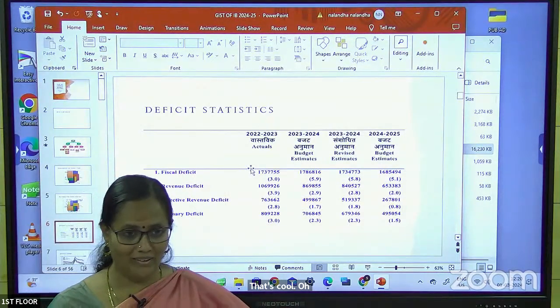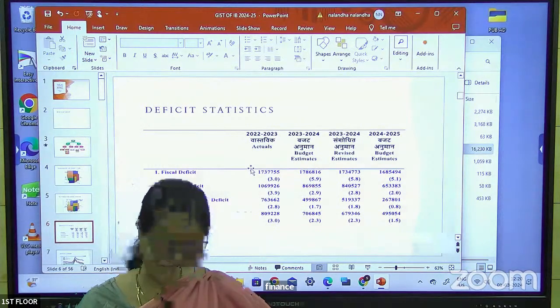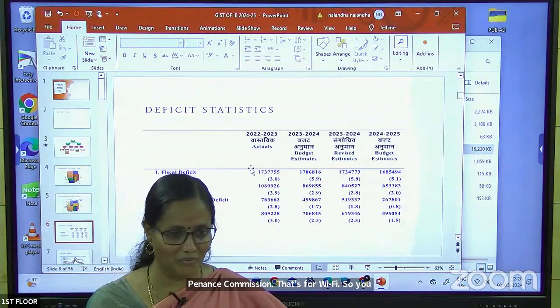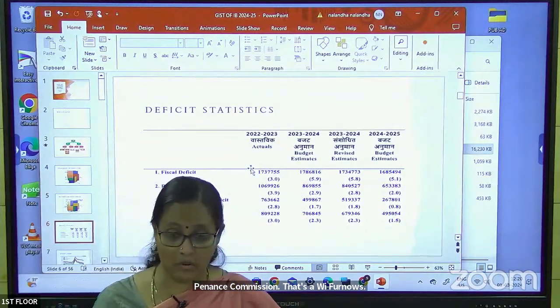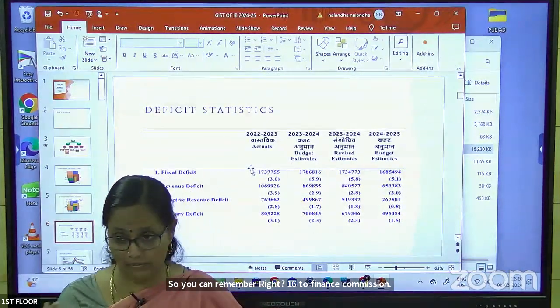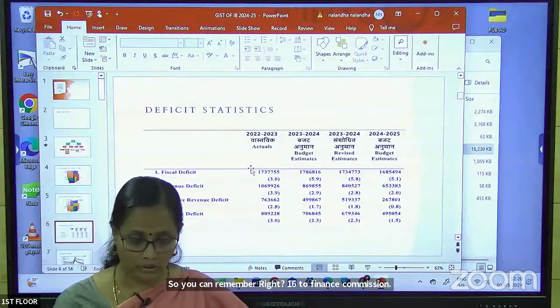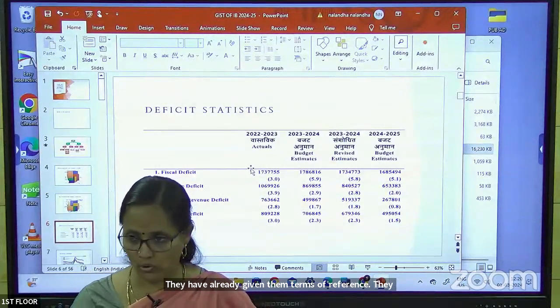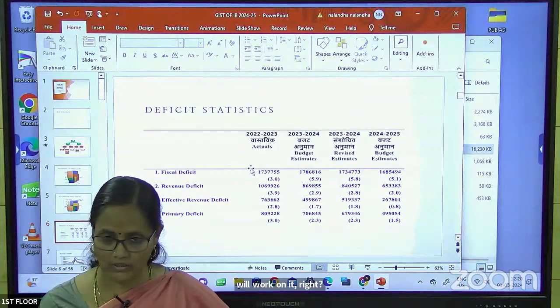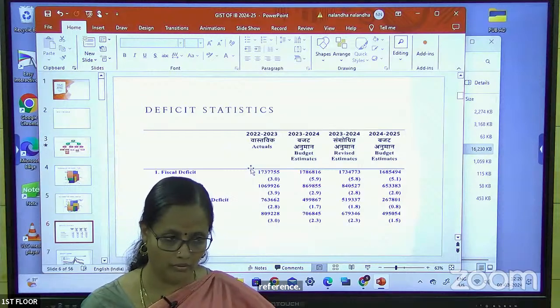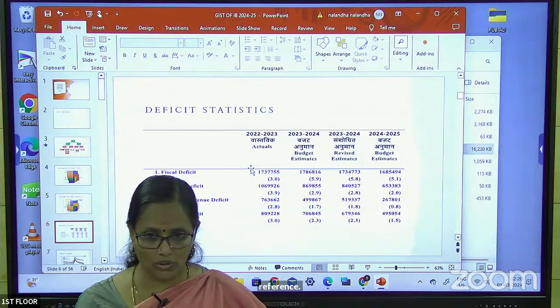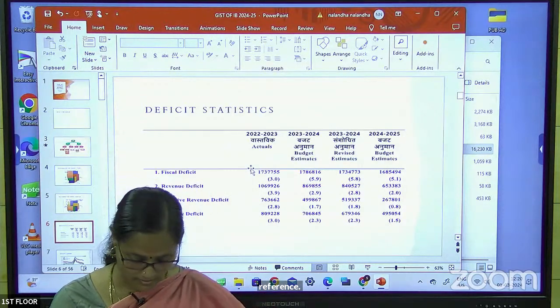Aravind Panagariya. That's how I pronounce. So you can remember Aravind, right? For the 16th Finance Commission, they have already been given terms of reference. They will work on it, right? We are in 24, 2 years before they'll give the terms of reference. Chairman, 3 members, 1 part-time member. So there will be 5 people who will be working on it. What is the article for Finance Commission?